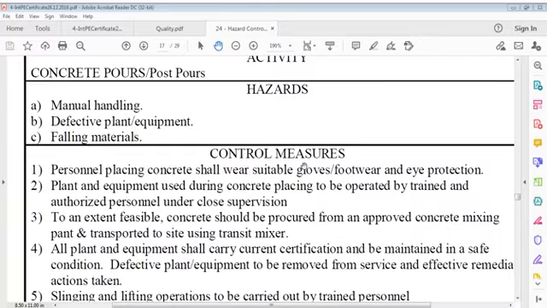Plant and equipment used during concrete placing to be operated by trained and authorized personnel only, and that too under close supervision.